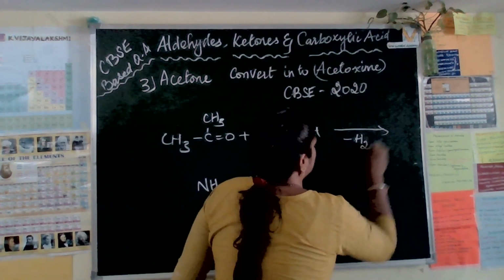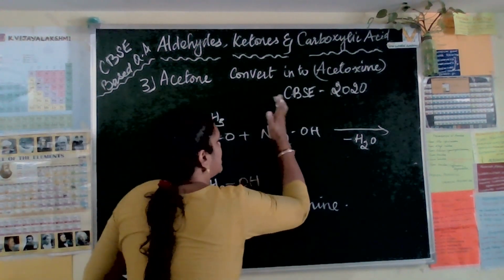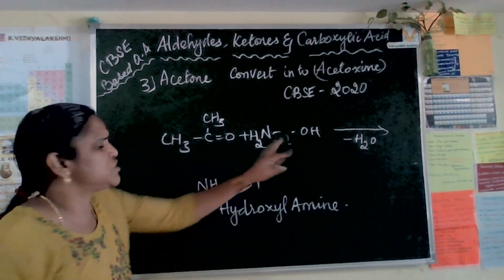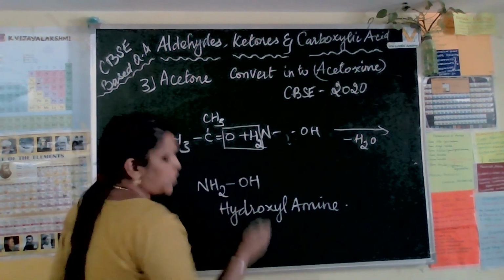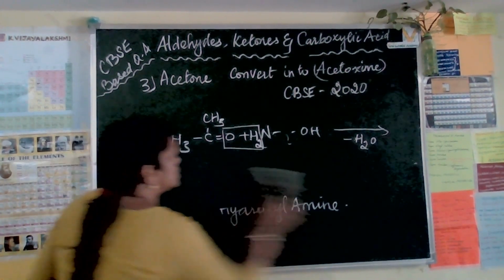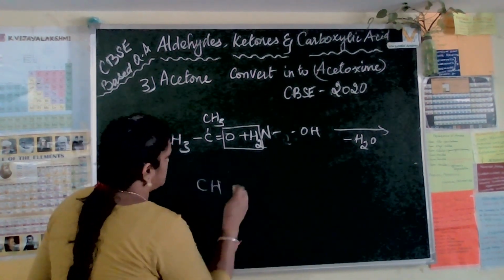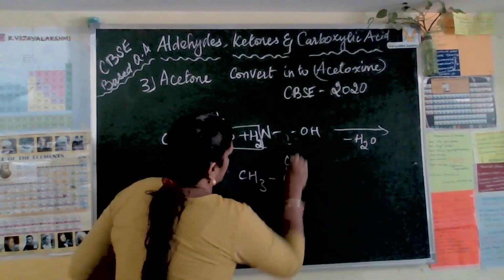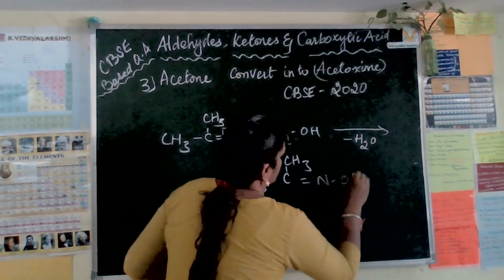So hydroxylamine combined with acetone, and a condensation reaction takes place. What is a condensation reaction? It releases water. One small rearrangement, I just put it this way: CH3, CH3, C double bond O, plus NH2OH. Now the water molecule is released. So what will you get as the answer? It's so simple. You just remove that water molecule. You get CH3, CH3, C double bond NOH.